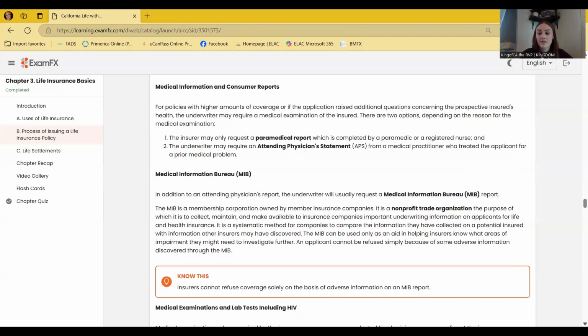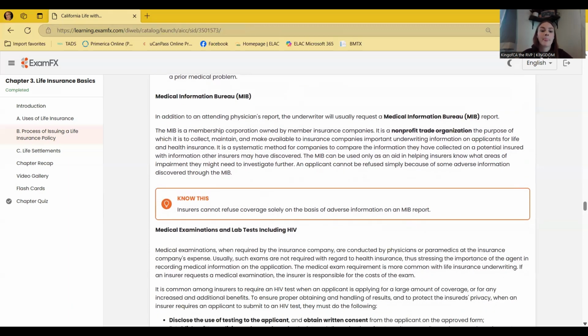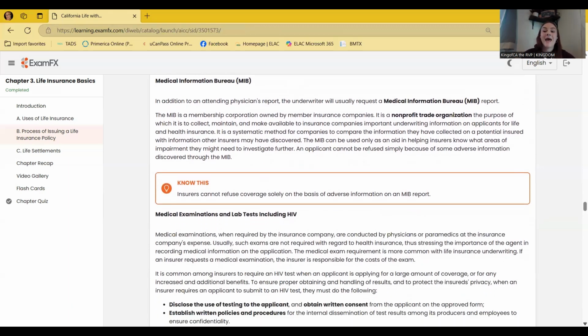That's pretty self-explanatory. They can also contact the MIB. In California, we need to know who the MIB is. The Medical Information Bureau, not Men in Black, is basically a big, huge database with everybody's health information between companies.